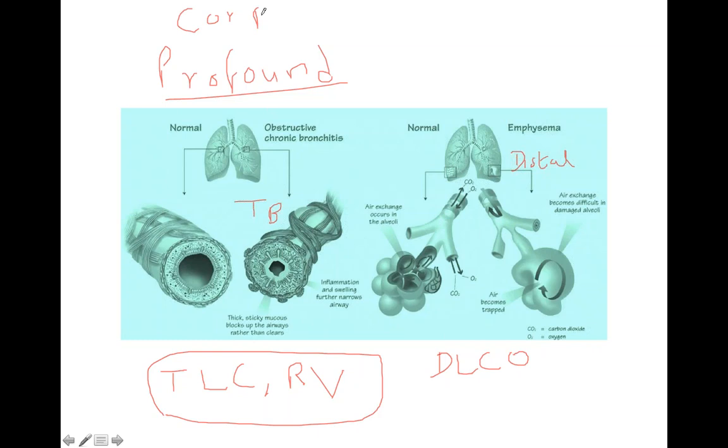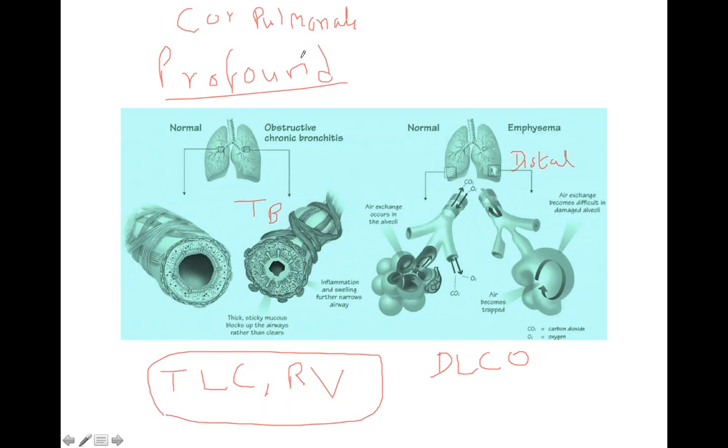So cor pulmonale, pulmonary hypertension, and profound hypoxemia are more common in chronic bronchitis. Patients are generally obese, and because of cyanosis they are called blue bloaters. It is one end of the spectrum.